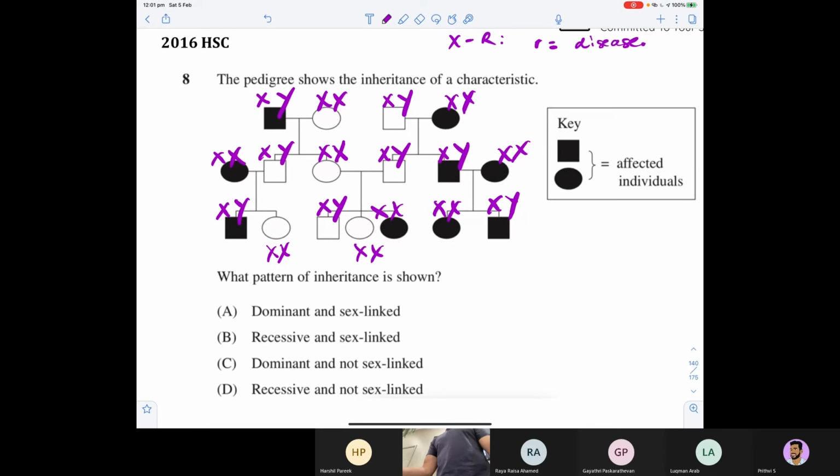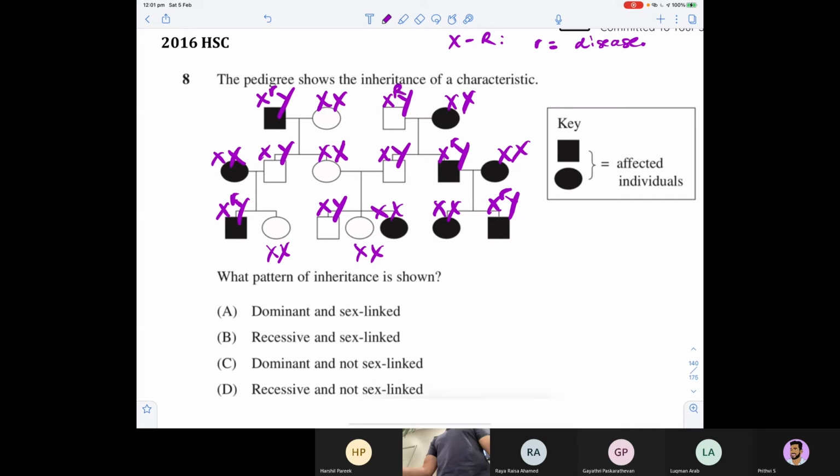Okay. Now I'm done. Now, if you're an affected male, I'm just picking random phenotypes at a time, right? So if I'm an affected male, what does that mean? I have a little r. Good. So now with every affected male, I'm going to write a little r. Little r, little r, little r. What does it mean if I'm an unaffected male? Good.